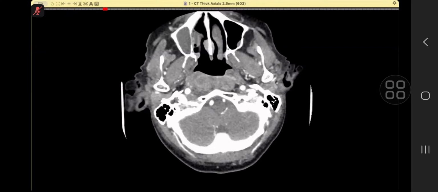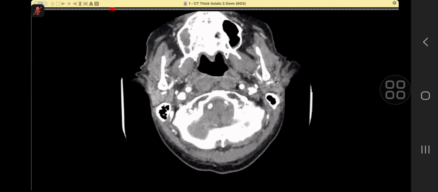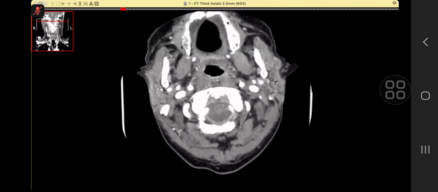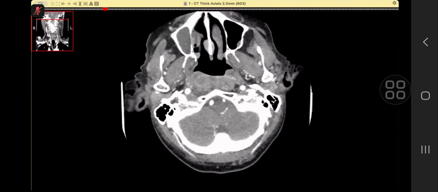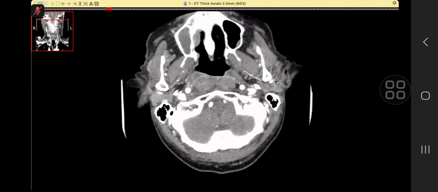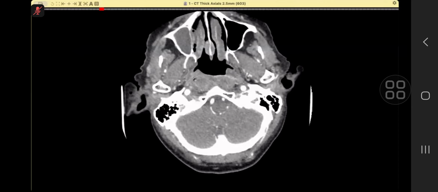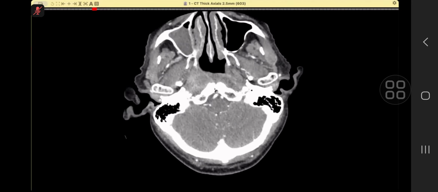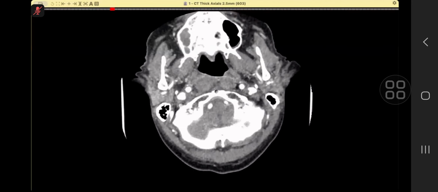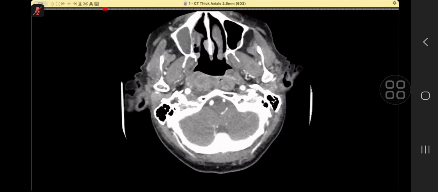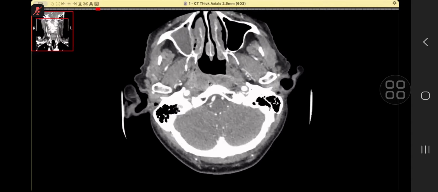The epicenter of the mass, I believe, is involving the nasopharynx, with obliteration of the fossa of Rosenmuller on the right side.